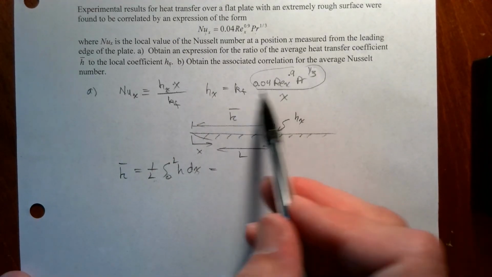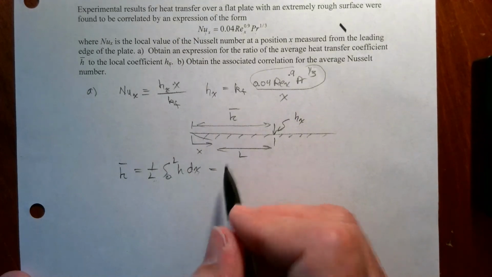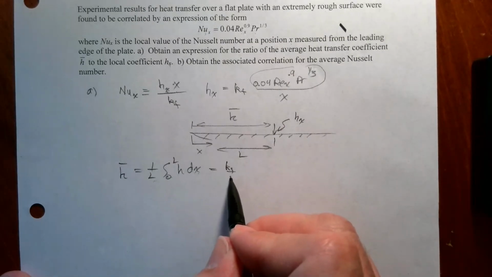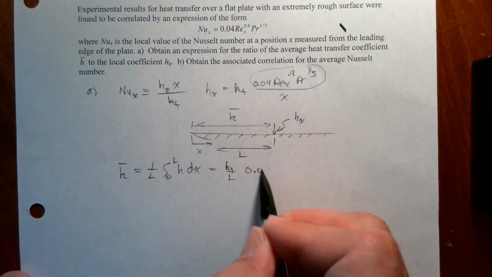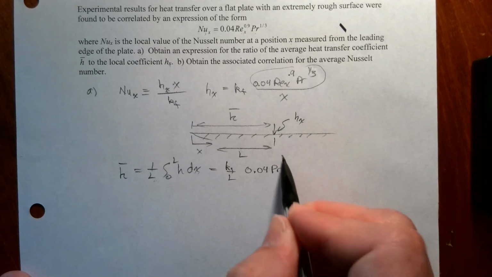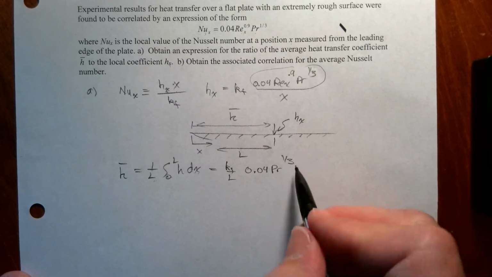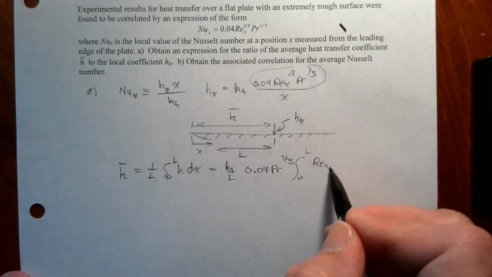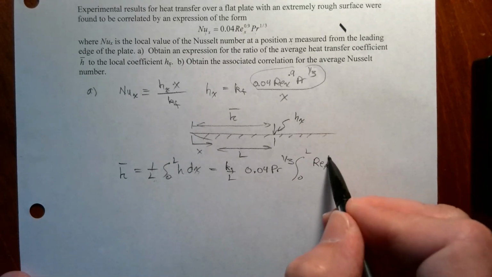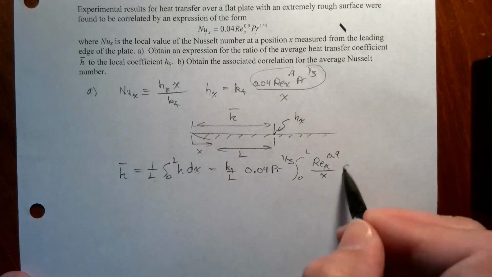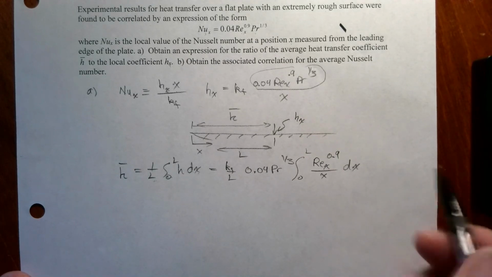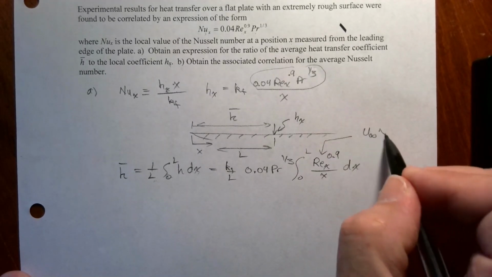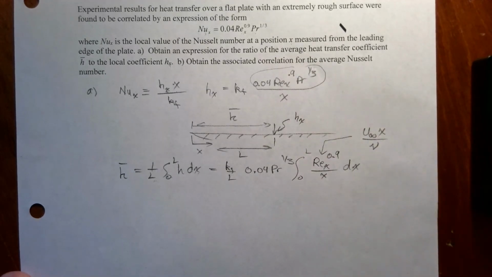Right, okay, so we can take our expression up here and substitute. This is going to be equal to Kf over L, 0.04 Prandtl number to the 1/3, that's a constant, times the integral from 0 to L. The Reynolds number depends on x, so I can't take that outside the integral, divided by x dx. Alright, so that Reynolds number that shows up in there is U ambient times x over nu.